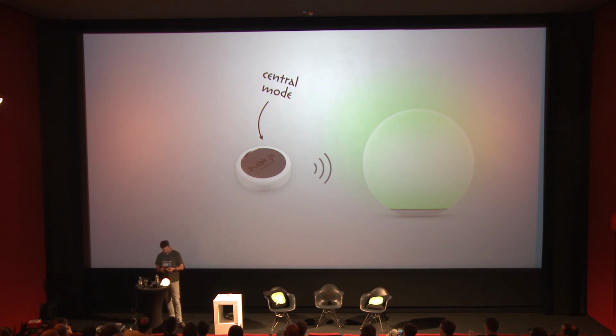What I had in mind is you click on this button and it changes to a random color. You hold the button for a long time, it turns off. But what you can actually do is hold the button not that long, but longer than just a short press, and it turns into knob mode.